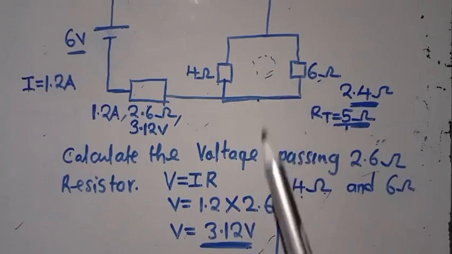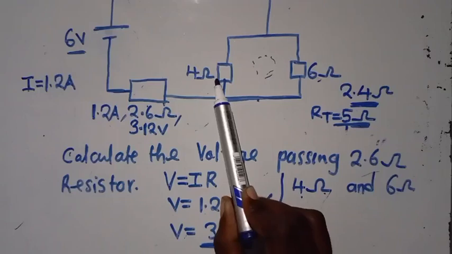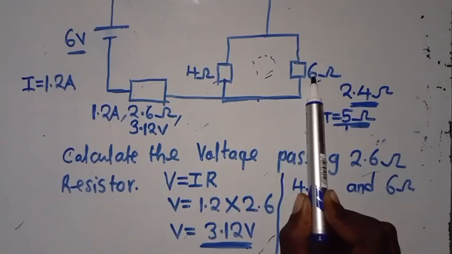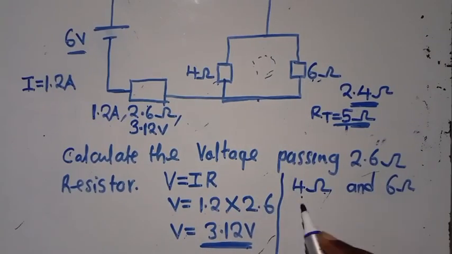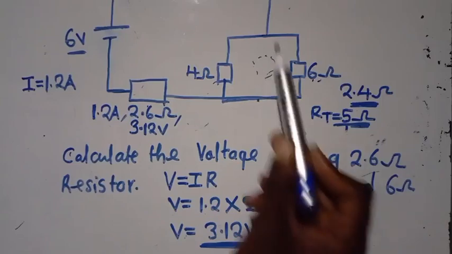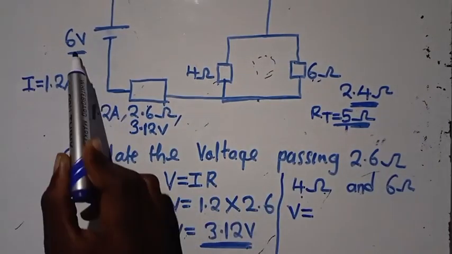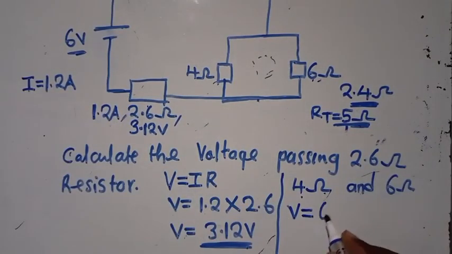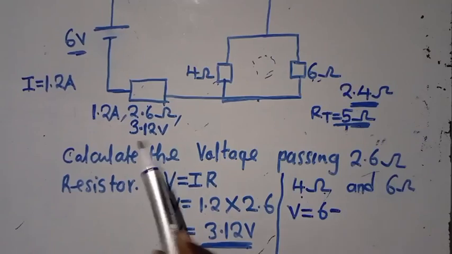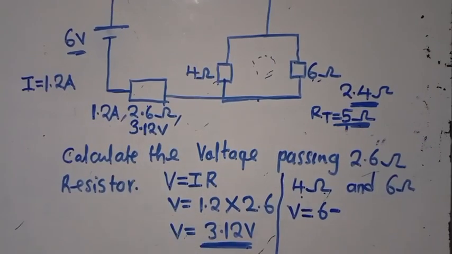To find it, voltage is equal to the total voltage in this whole circuit, which is 6, minus the voltage that is passing through this one, which is 3.12. So what answer are we getting?